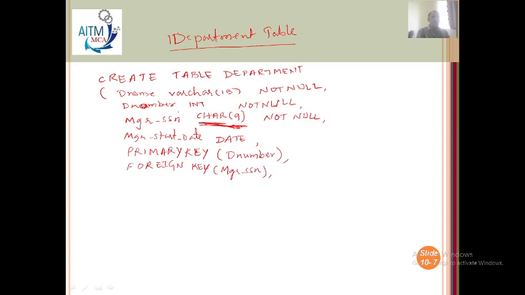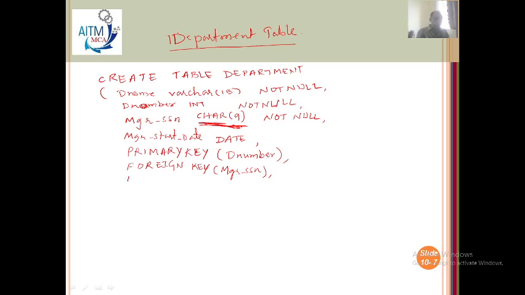Then your department name should be unique. It should be unique because there is only one department, like MCA. There is only one department in the college; there are no two MCA departments. There is only one CS department, only one ENC department. Like this, the department name should be unique.